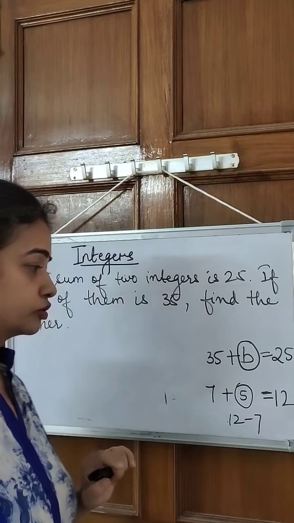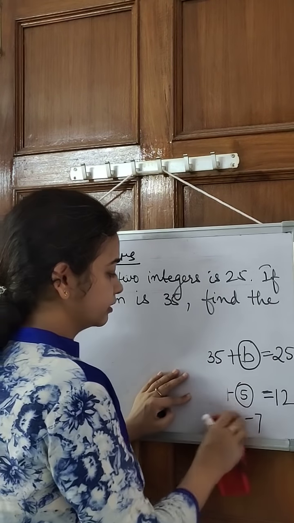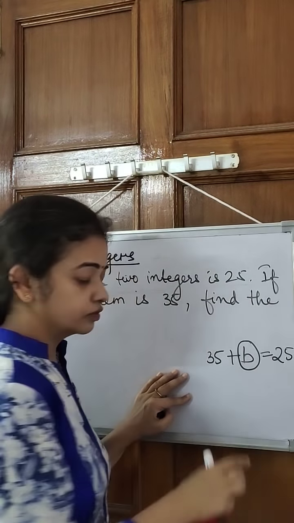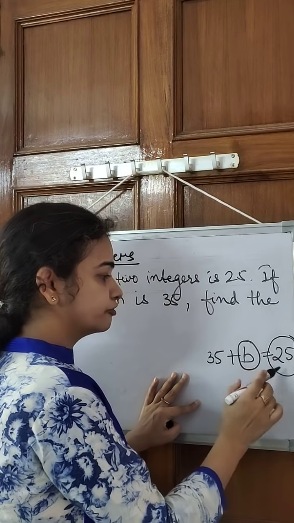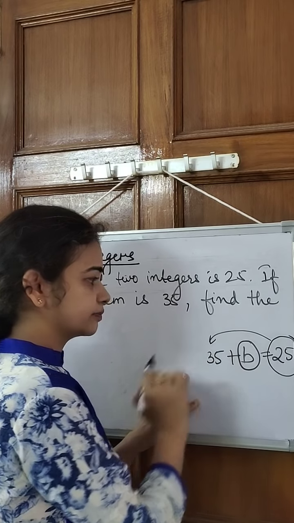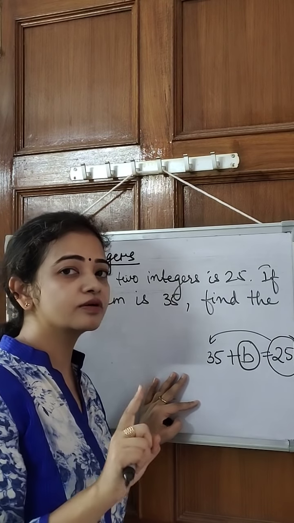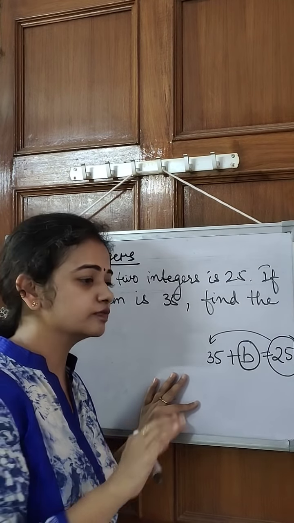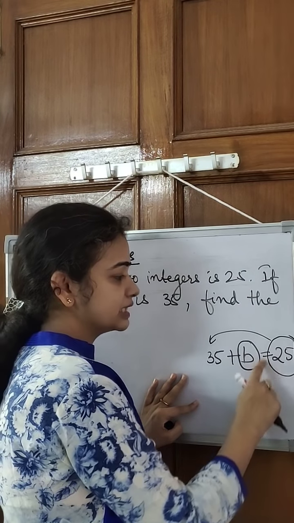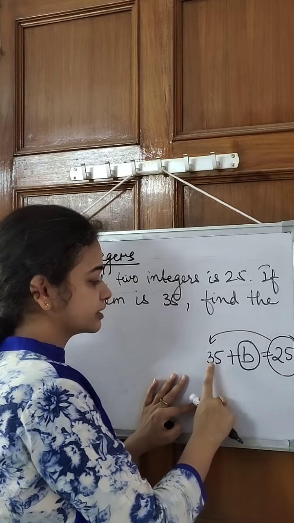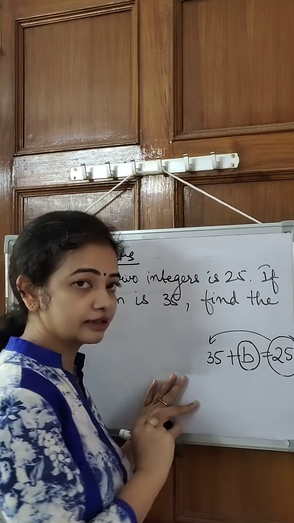Similarly in this question also, to find the other number, from the final result we will subtract this. We will not see which number is big and which is small, because we are talking about integers here.